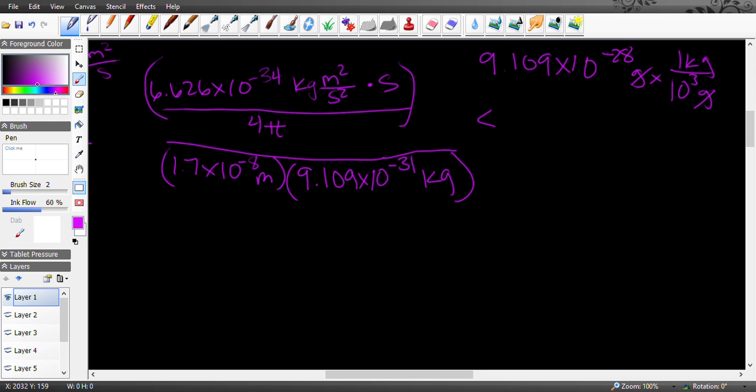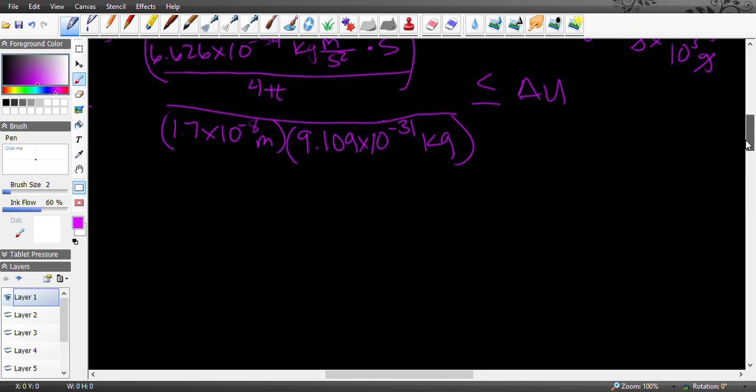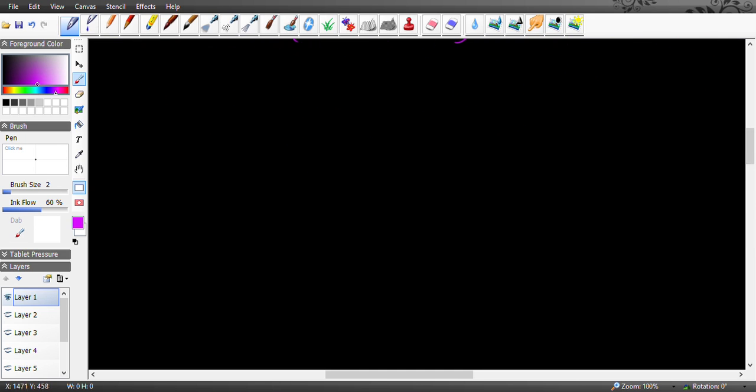And then that is going to be less than or equal to our delta u, which is what we're solving for. So just doing the units off to the side, we have kilograms meters squared over seconds squared times seconds divided by 4 pi, which doesn't have units, and that's over meters times kilograms.